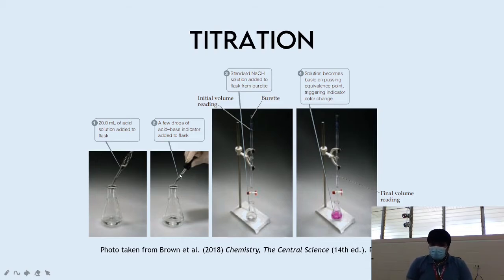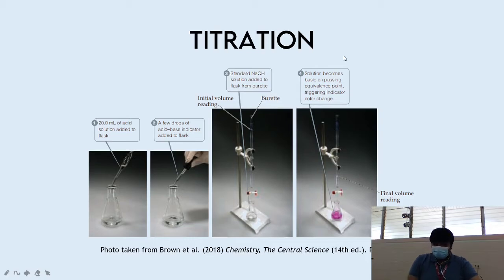Then we add 2 drops of our indicator, which in this case is phenolphthalein. Then the standard base solution, which is sodium hydroxide, whose concentration is already known, is added into the unknown solution.